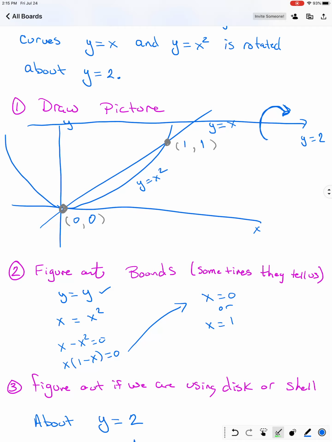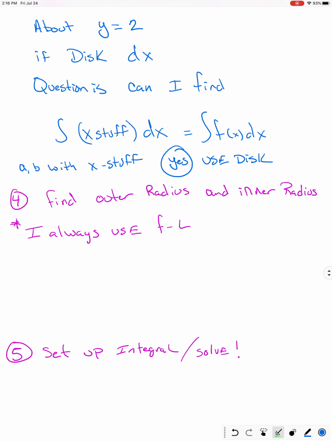When I do F minus L, I look at my picture and I go, which of these two is furthest away from my L, my line of rotation? Well, it's this one, right? This is the furthest one away. So that's the outer radius. So I do that one, that f minus L. So x squared minus 2. Don't forget to square it.